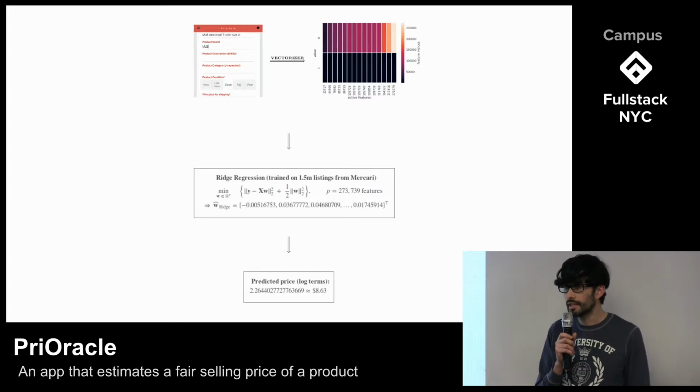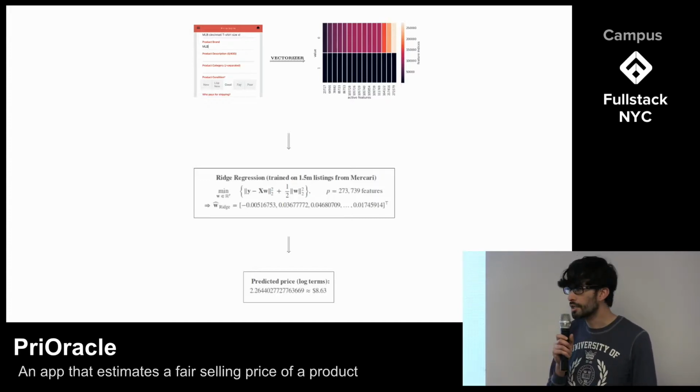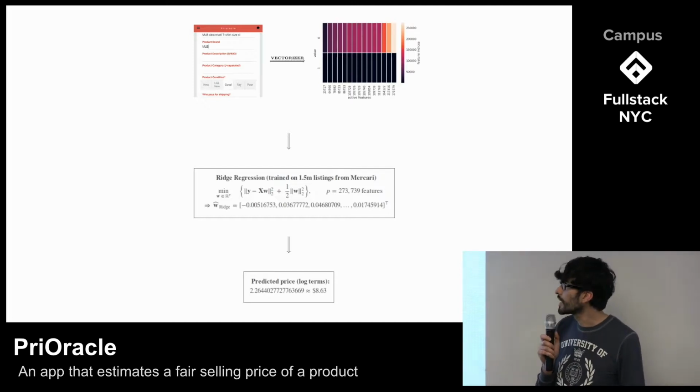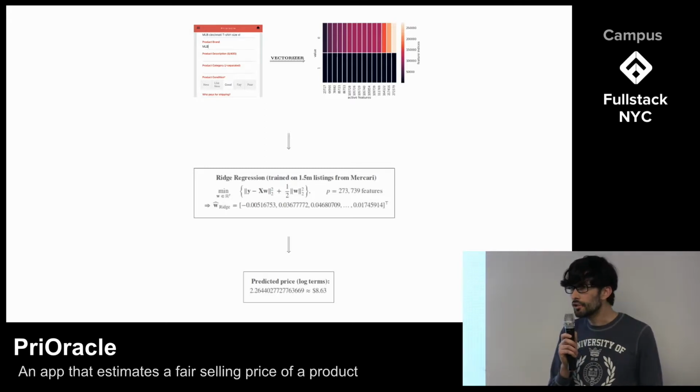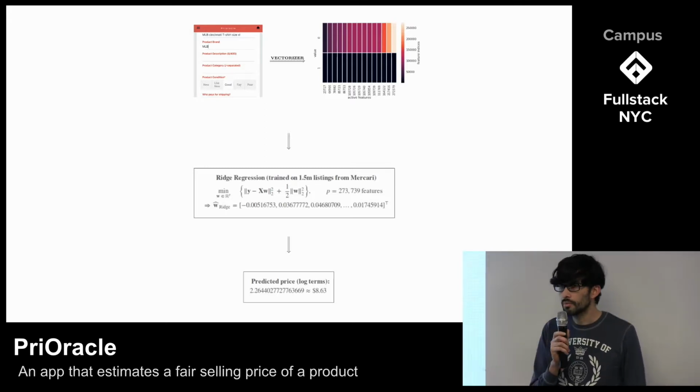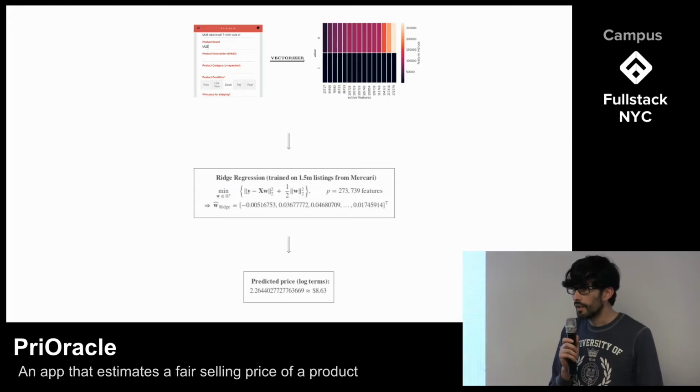Finally, that ridge regression model produces a price prediction, which for the MLB t-shirt amounts to roughly $8.60. Both the feature extraction and pricing algorithms were trained using a data set of 1.5 million listings provided by Mercari, Japan's largest shopping app.